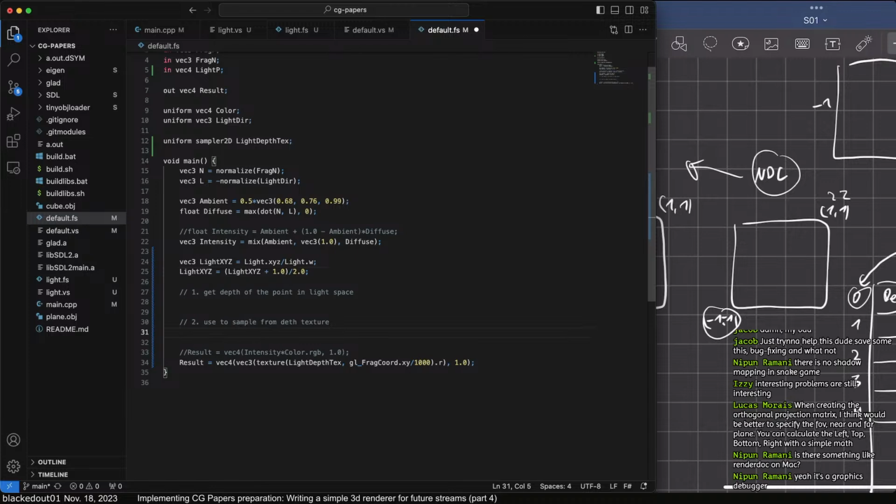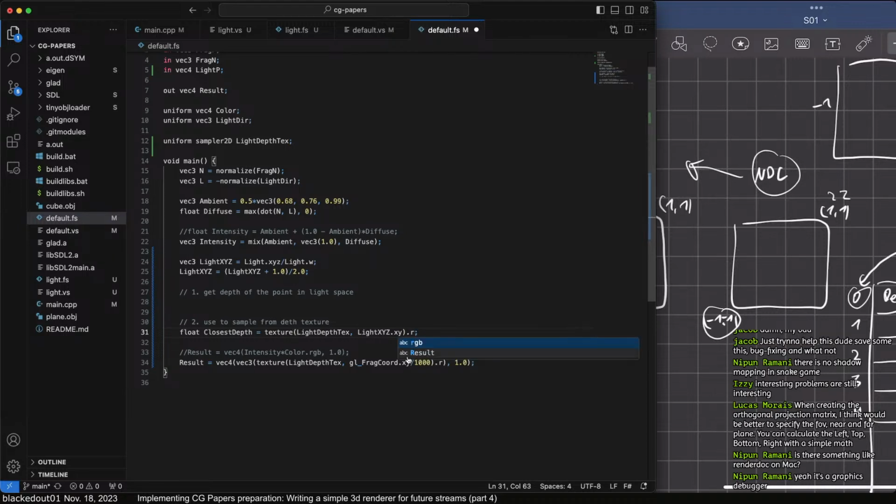So we can already sample this. Maybe call it closest depth. We sample the texture at this XY position, .xy.